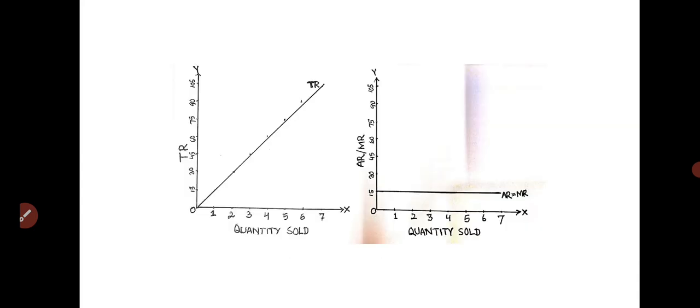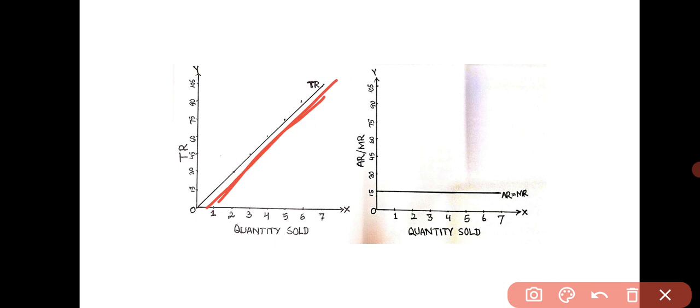You see here, the total revenue curve is an upward sloping curve, right? And in this second diagram, we see that the average revenue curve and marginal revenue curve coincide with each other because average revenue is always 15. With additional output sold in the market, average revenue becomes 15 and marginal revenue is also 15 rupees.